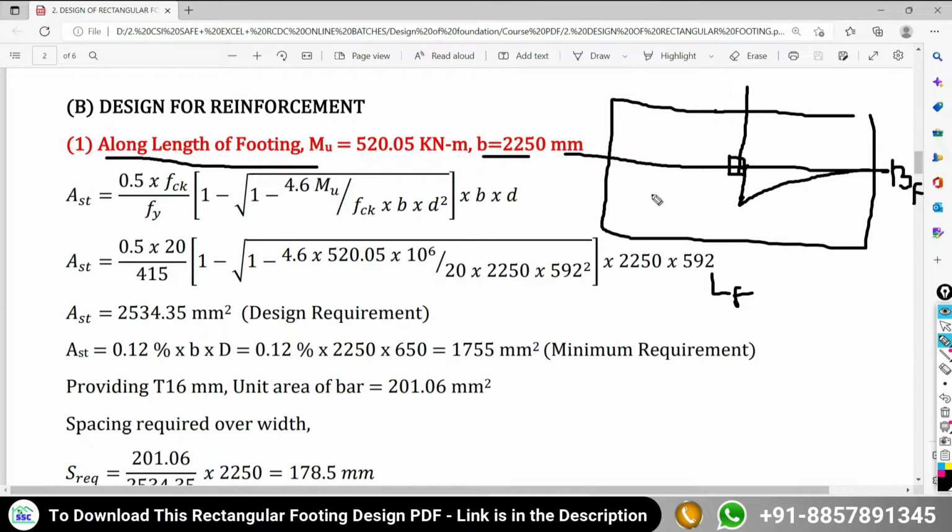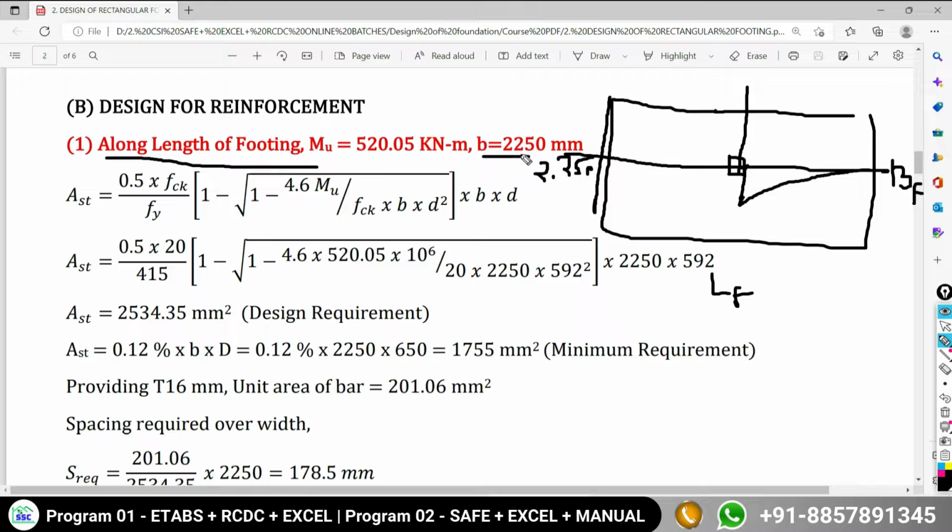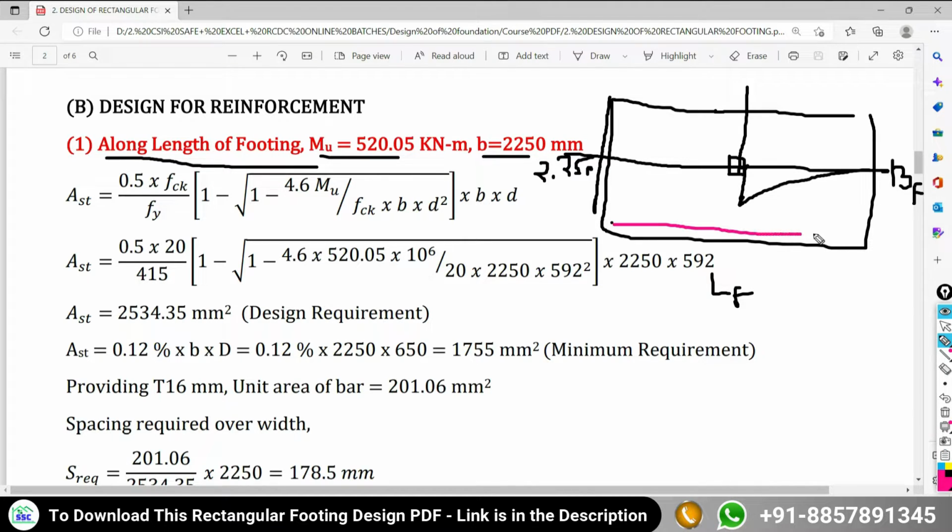The calculation of the moment we have made along the length of the footing by considering the overall width of 2.25 m, which is 2250 mm. Using this moment over the considered width, we have to find out how much reinforcement is required along the length of the footing, but its spacing will be along the width.